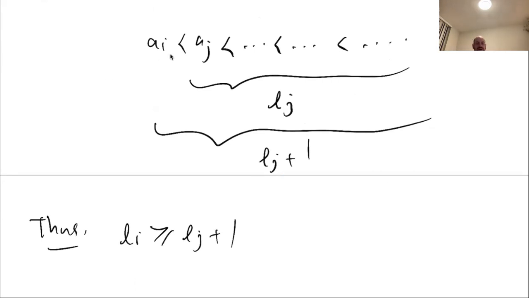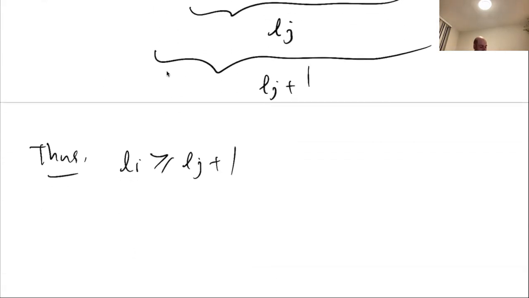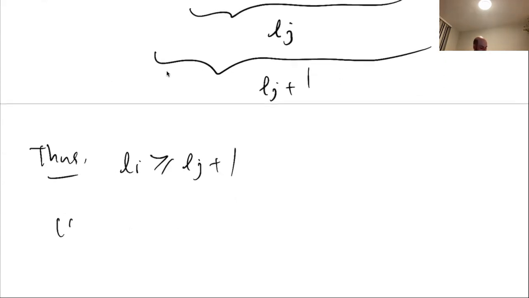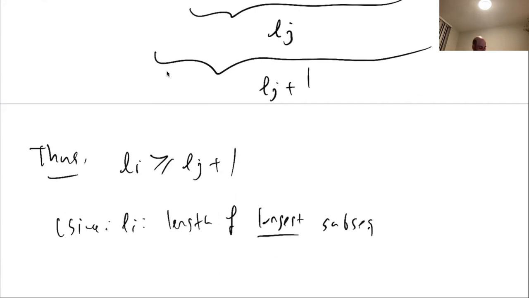Because Li is the length of the longest subsequence starting from ai, right?